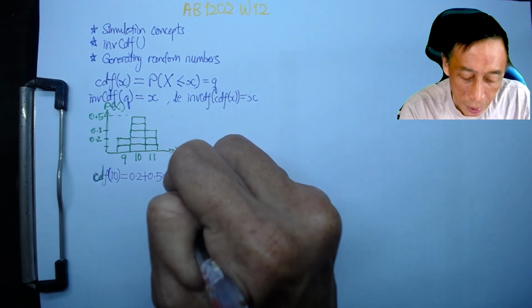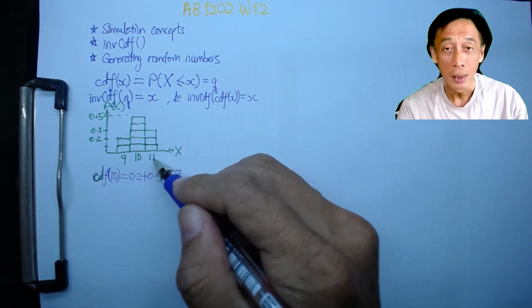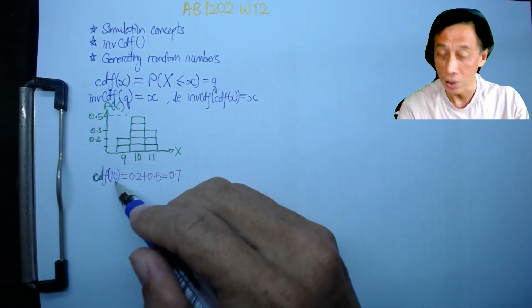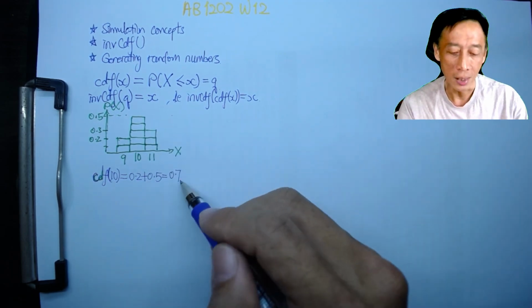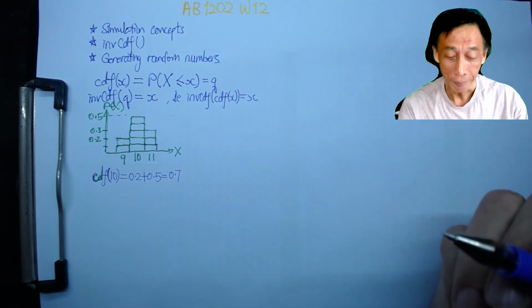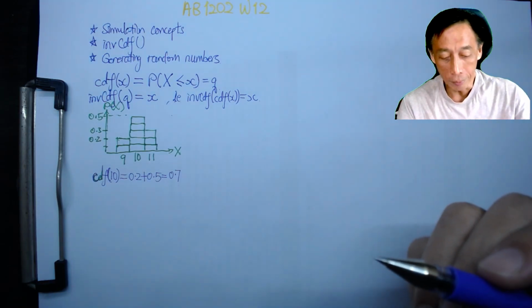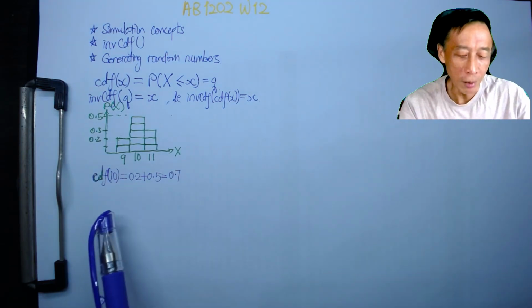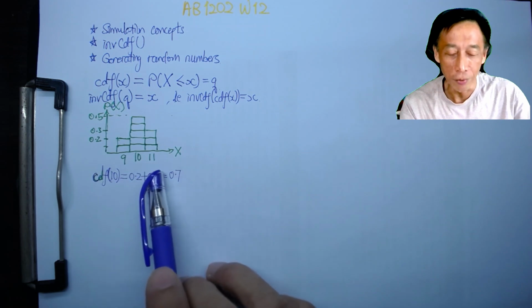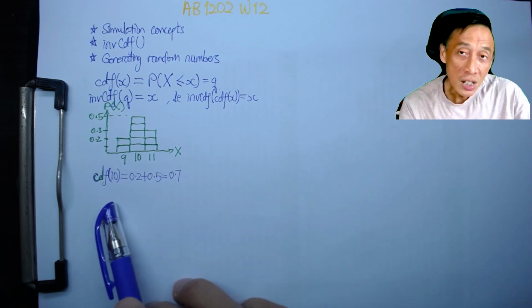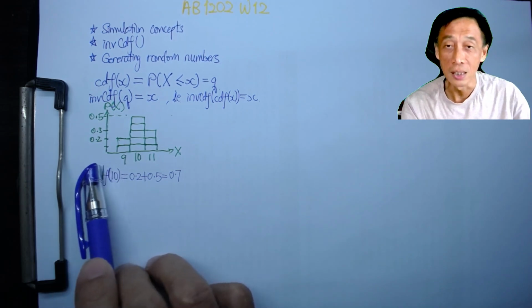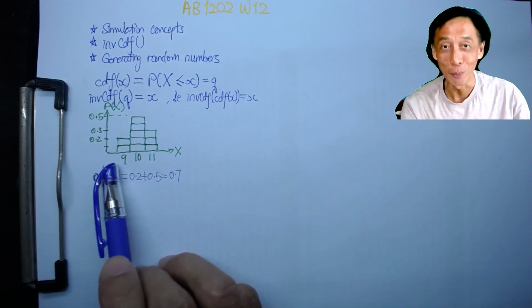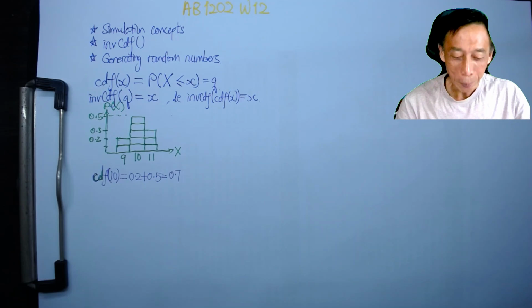So answer is 0.7. How come I don't add 11? Because 11 is not less than or equal to 10, so I skip adding the 0.3. So the answer is 0.7. That's just one example, and of course you can try asking CDF of 9, CDF of 11. CDF of 8 is 0, because at 8 I see 0 probability, and I stop there. So it's 0.